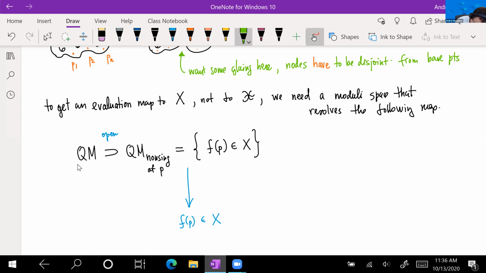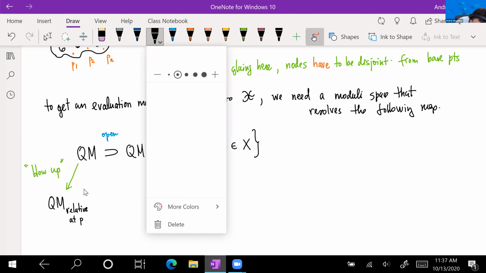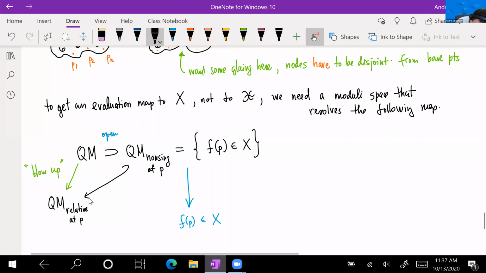It means I have to, more or less, somehow blow up the space, in a way that I'll explain in a second, to get a space which is quasi maps, maybe I call it relative at P. It's still an open embedding here, such that this is regular and proper.